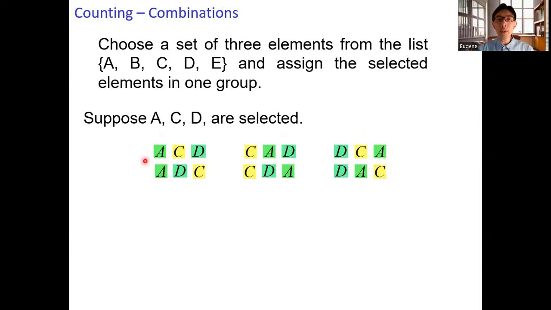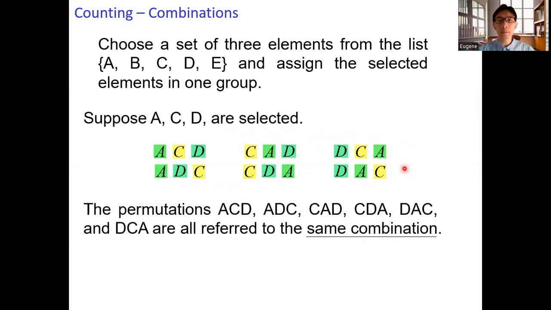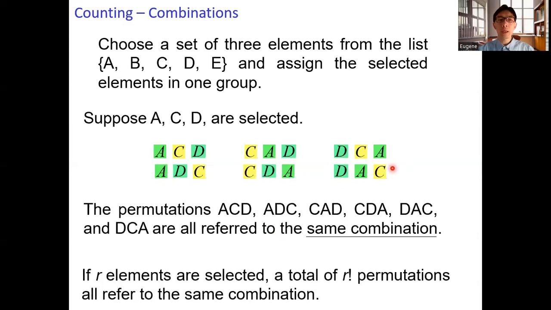All these 6 permutations consist of the same letters A, C, and D. Therefore, when we are talking about combinations, all these 6 different sequences refer to the same combination. If we select r elements, a total of r factorial permutations all refer to the same combination.